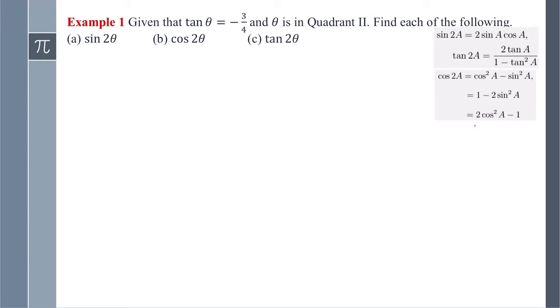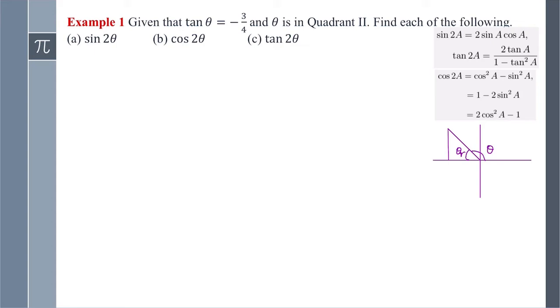The angle is in the second quadrant, so let's go ahead and draw it here. Let's draw that reference triangle. This is the angle theta, and then this is the reference angle, let's say theta r.